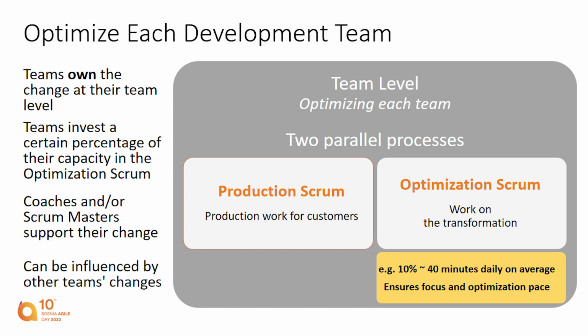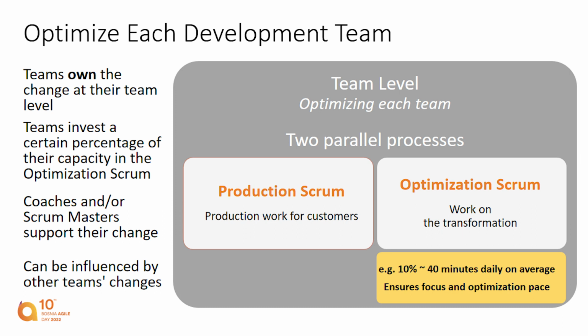So, as already mentioned, they run two parallel scrums, one for the production development, but also another one for the optimization, where they reserve a certain percentage of their capacity for the optimization scrum.